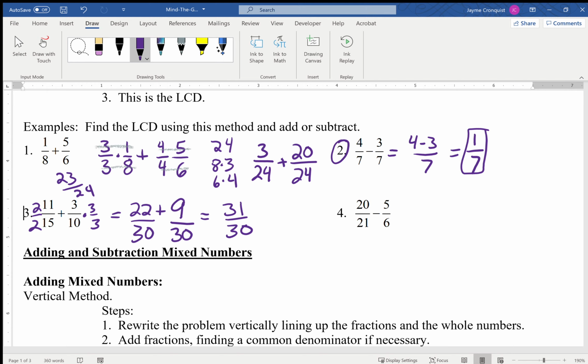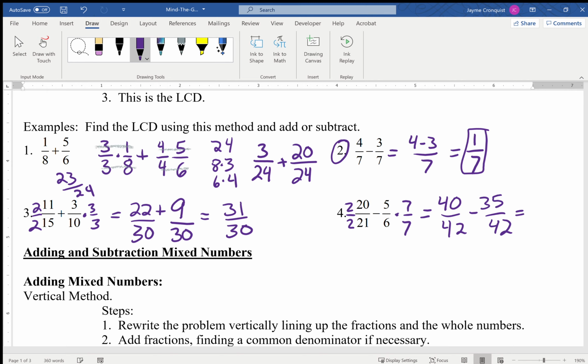21 and 6. Okay, so 2 times 21 is 42. 42 is 6 times 7. So if I multiply this by 2 over 2, and this one by 7 over 7, I get 40 over 42 minus 35 over 42.